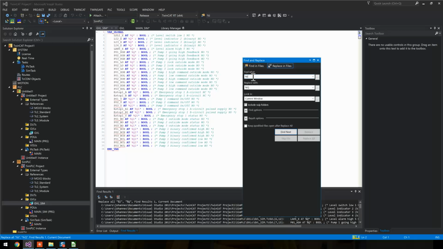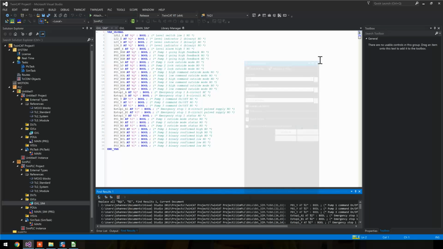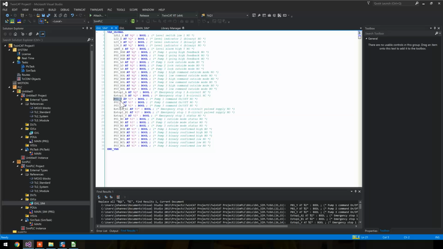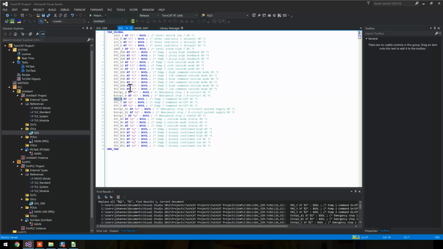And then %Q1 with %I. So now the pump command to pump 1 is an input to the simulation task, while from the PLC task it's an output. So we'll need to map those later.